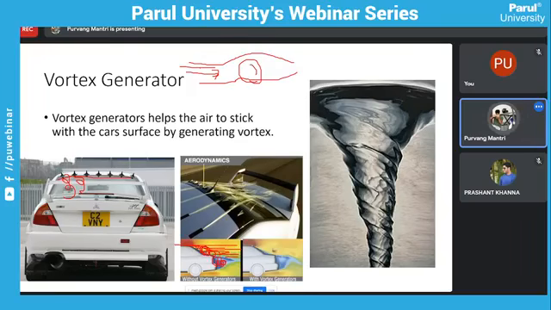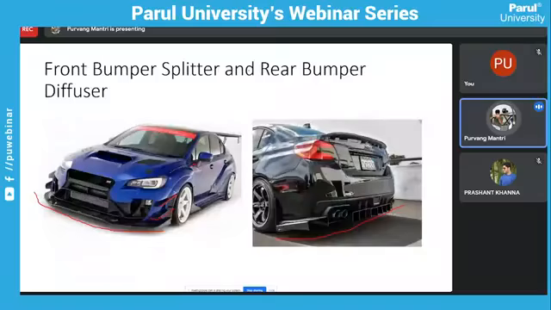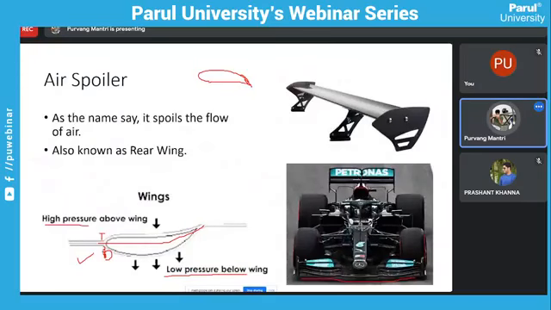But the wheel rotates in the opposite direction of the air, so it actually interrupts the motion of the air. So what the front wing in Formula One cars or race cars does is develop vortexes around here, and they allow the air to pass through the wheels so that it is not affected by the rotation of the wheels.